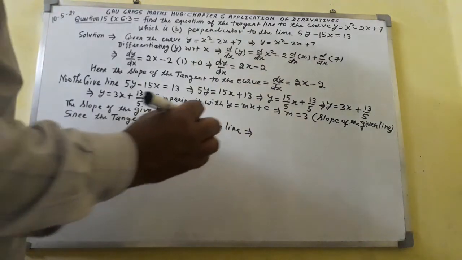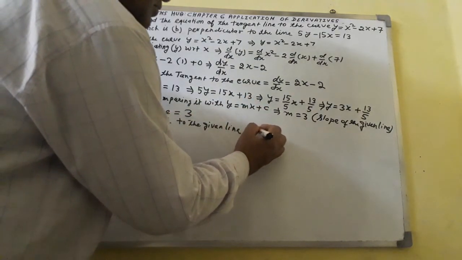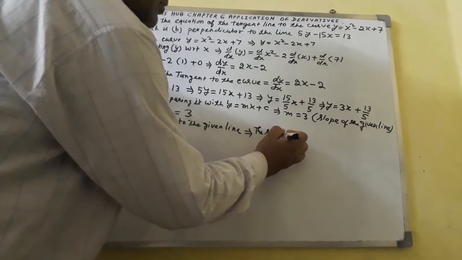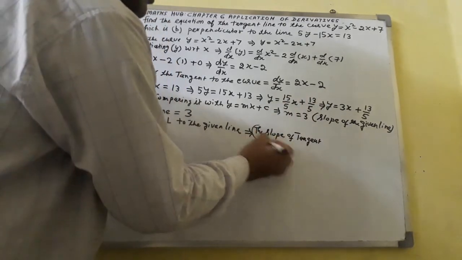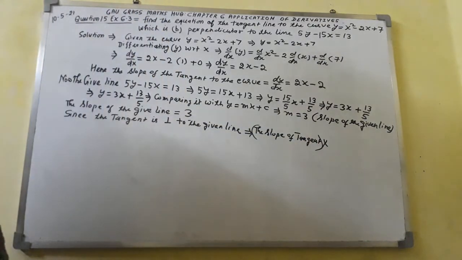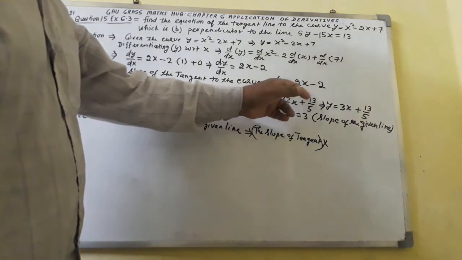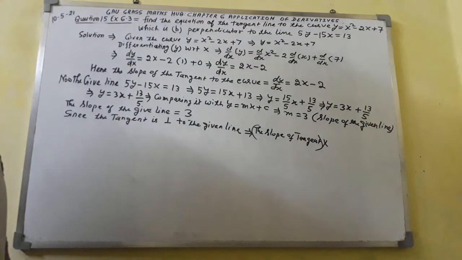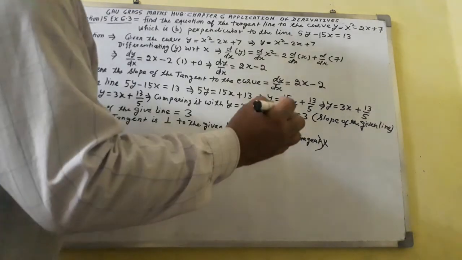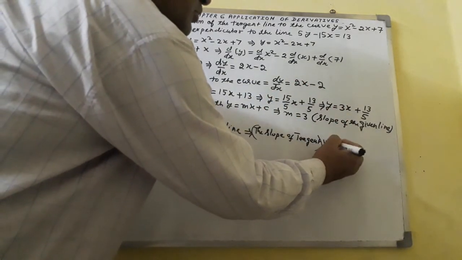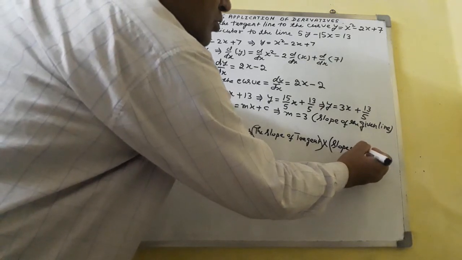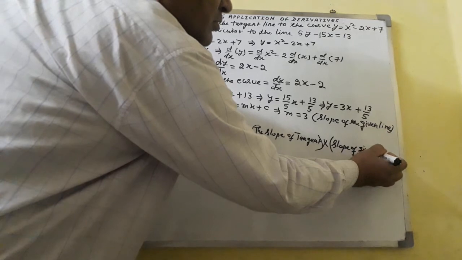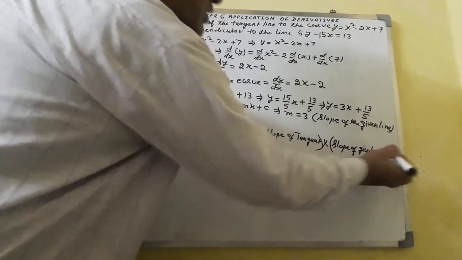So here I shall write, the slope of the tangent, into slope of the given line is equal to minus 1.